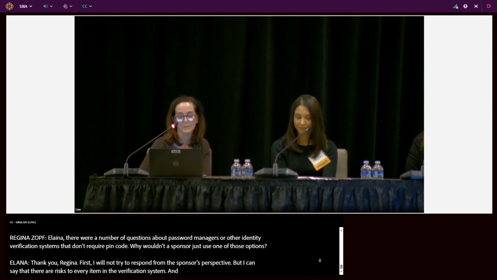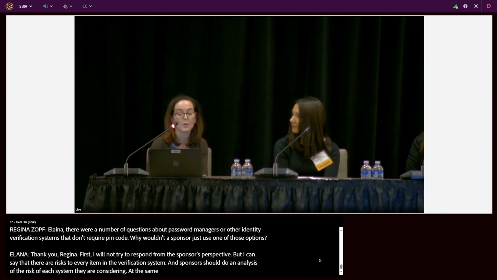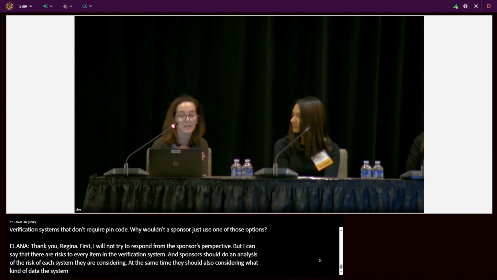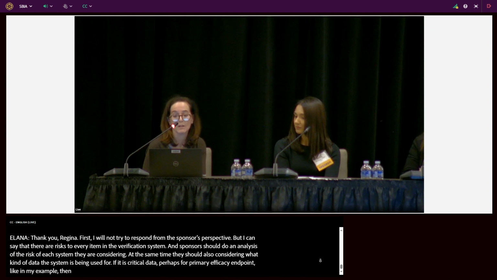At the same time, they should also consider what kind of data the system is being used for. If it's critical data, perhaps primary efficacy endpoint data, like in my example, then the identity verification system would be considered critical to quality, because if something were to go wrong with that system, it would compromise the application.